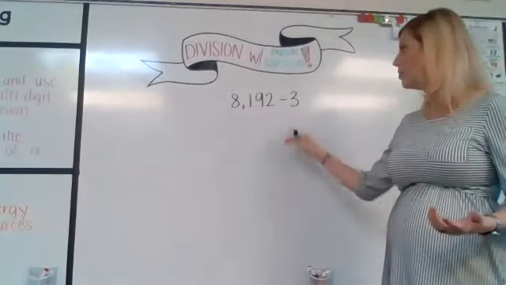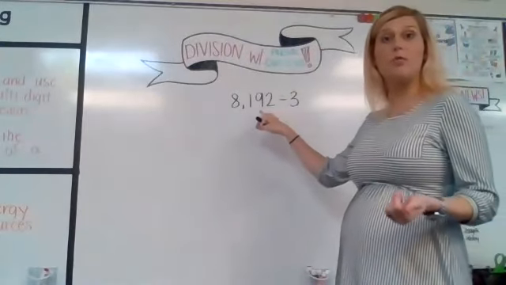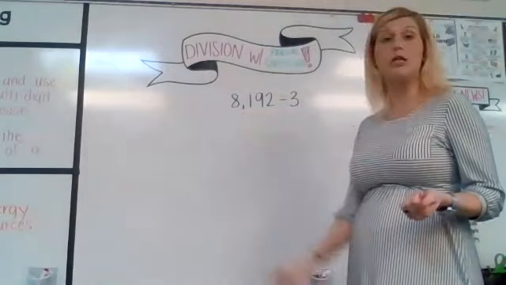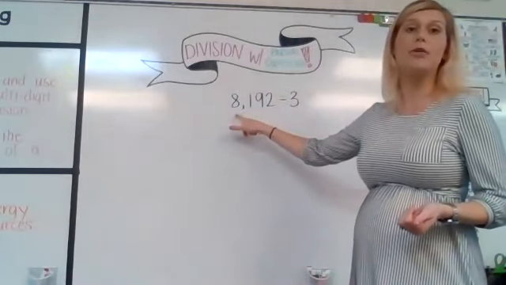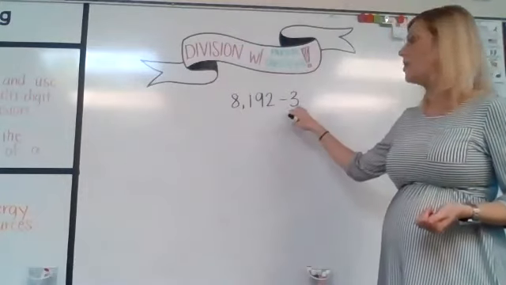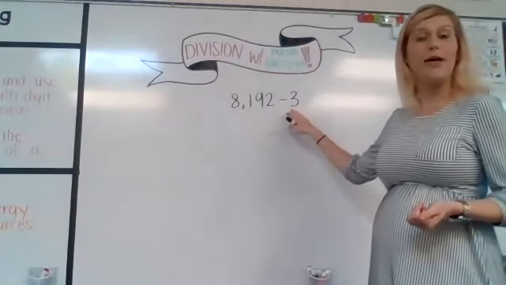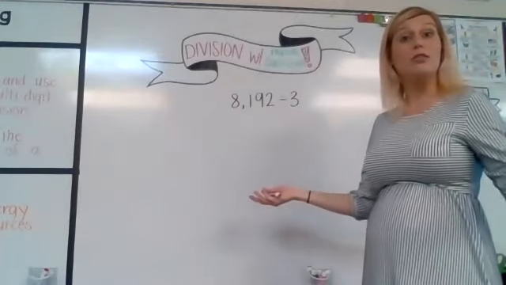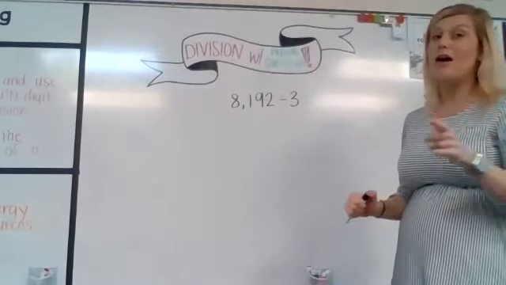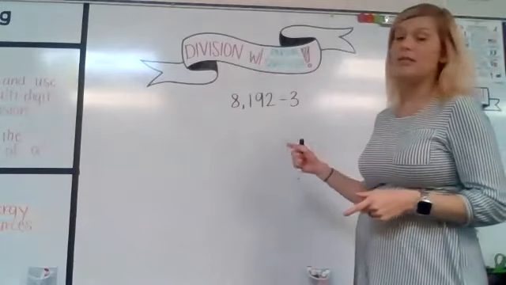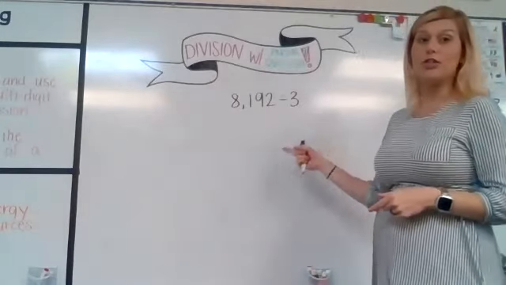In 4th grade, we only do 1-digit divisors, and we only go up to 4 digits in our dividend. So you won't ever get anything larger than a number in the thousands place, and you won't ever have to be dividing by 2-digit numbers unless you just want to challenge yourself. After these strategies, I'm hoping that you'll be confident in your abilities to go with larger numbers, though.